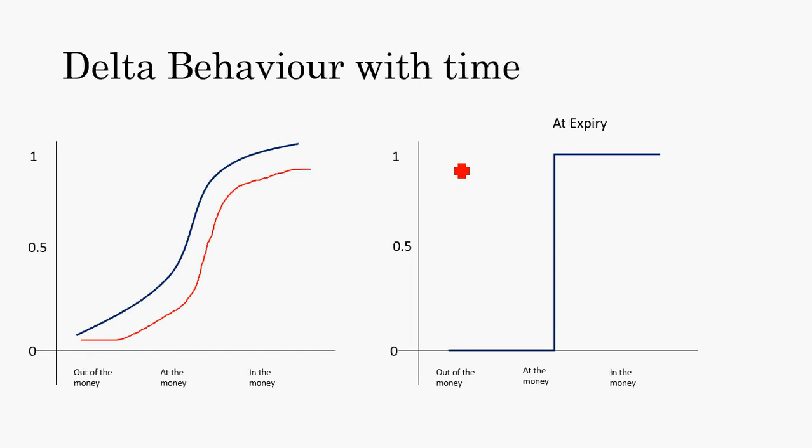At the time of expiry, all the out of the money options will have a delta equal to 0, and all the in the money options will have a delta equal to 1, because at expiry the time value becomes 0, and in the money options will have only the intrinsic value and not the time value in the premium. That is the reason why at expiry the delta of in the money options becomes 1 and the delta of out of the money options becomes 0.